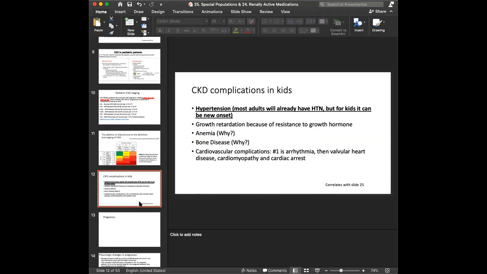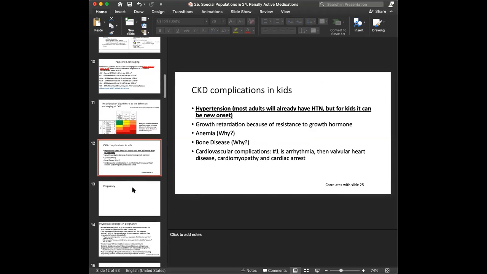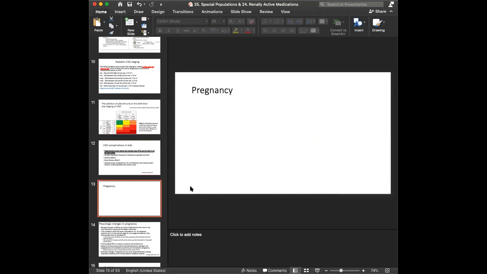Adults are already going to have hypertension; kids, probably new onset. Growth retardation because of resistance to growth hormone. Anemia, remember, like anemia of chronic disease, bone disease, and then cardiovascular complications like arrhythmia. Okay, so that's it for kids.